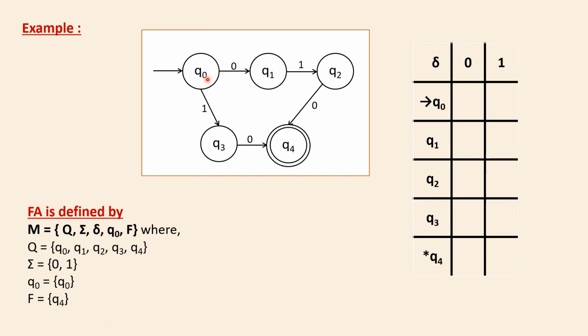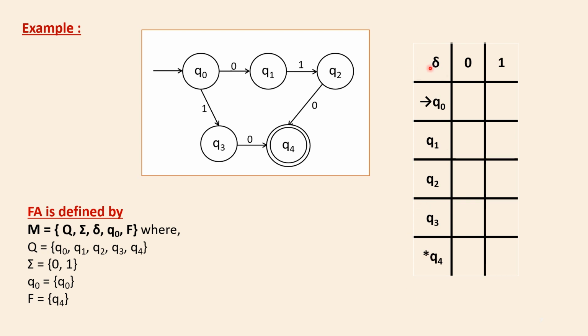Q0 is our start state and F is our final state, which is Q4. In the transition table, in the first column, we will be having all the states Q0, Q1, Q2, Q3 and Q4, where Q0 is represented as the start state with a small arrow and Q4 is represented as the final state with a star or the asterisk symbol.